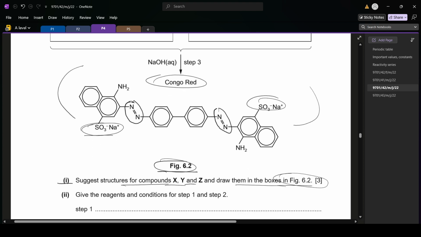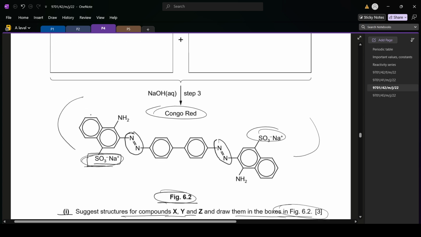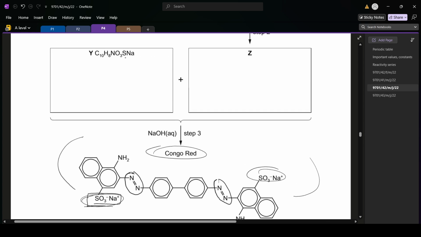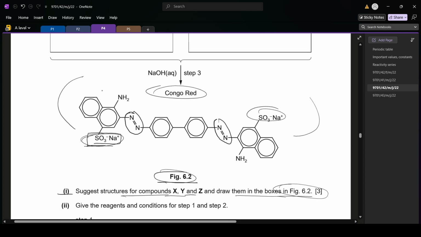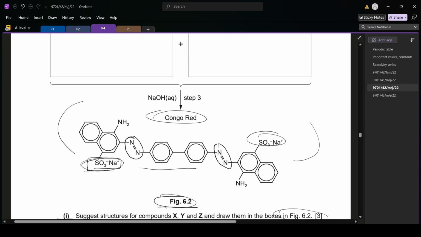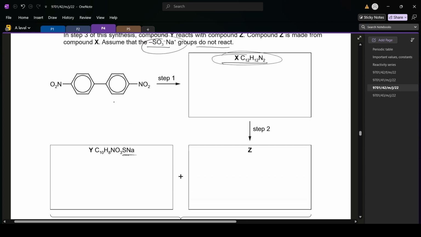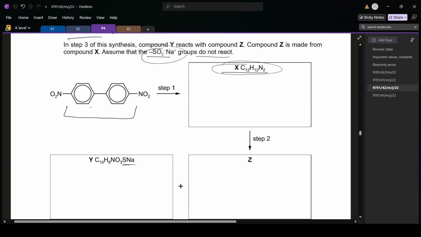Now this SO3Na group is over there, and this group is also in this Y. You can see that these two rings have a structure similar to this given starting compound.